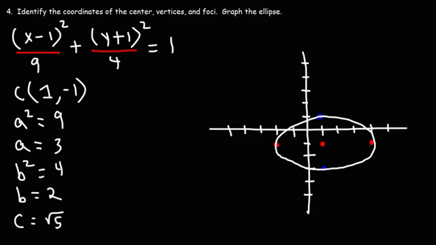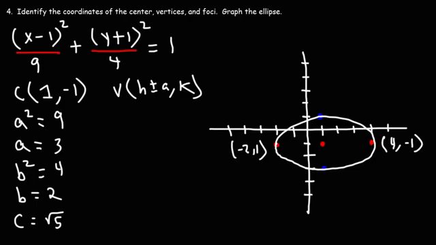Now let's identify the coordinates of the vertices. If you ever forget the formula, you can just look at your graph. So here we can see that it's 4, negative 1, and here the x value is negative 2 with the y value being negative 1. So it's negative 2, negative 1. And if you remember the formula, it's h plus or minus a, k for a horizontal ellipse.